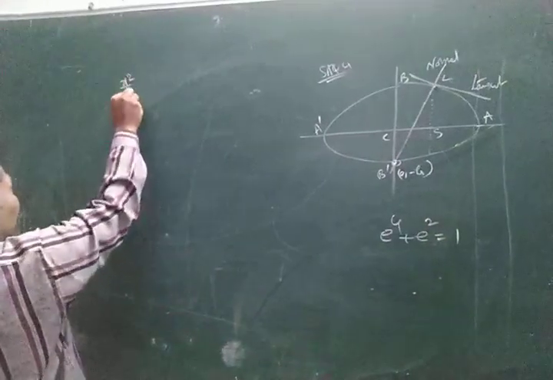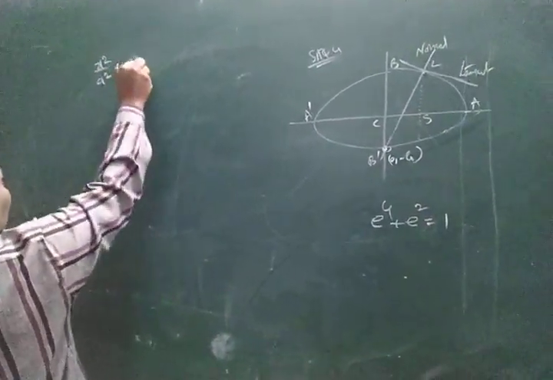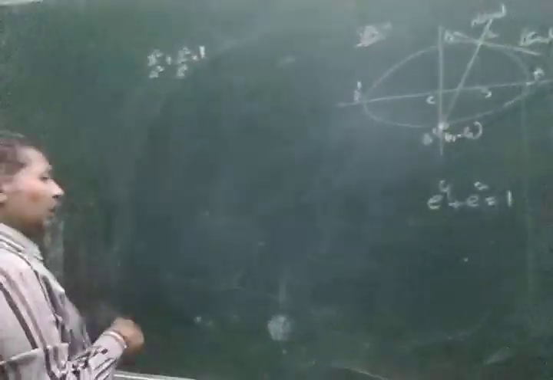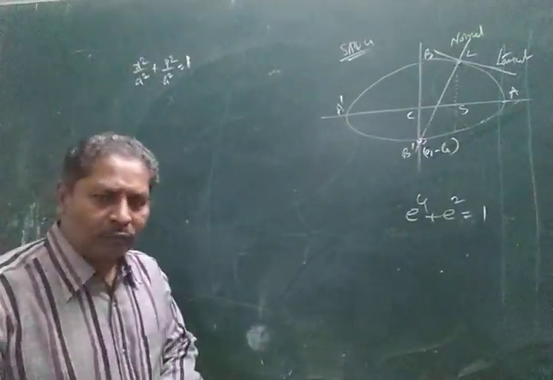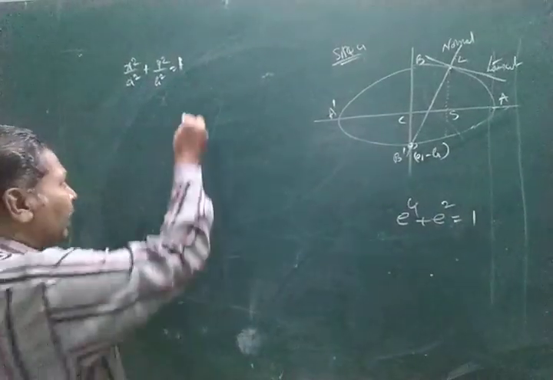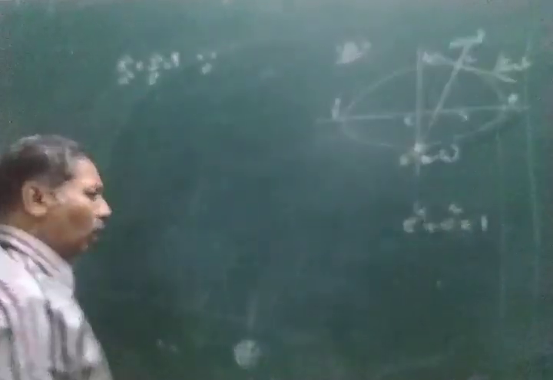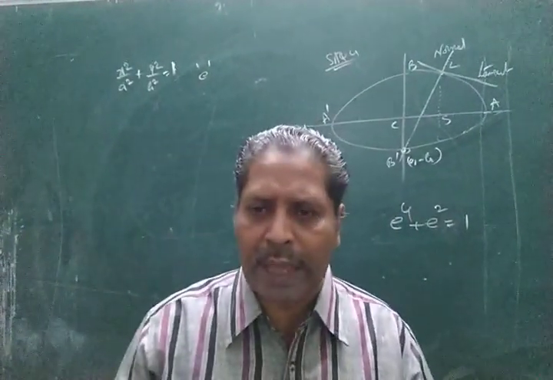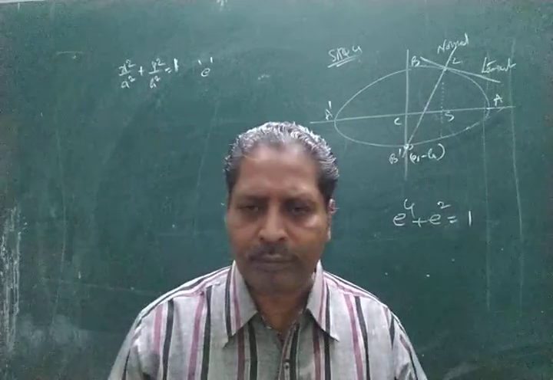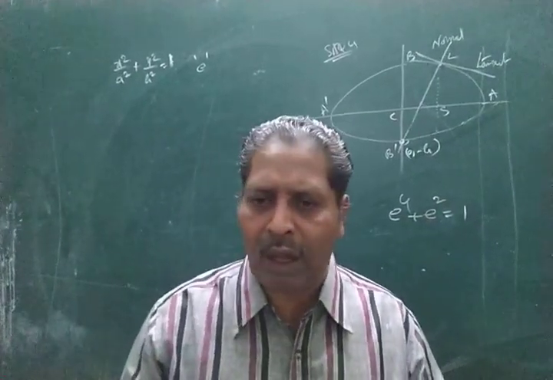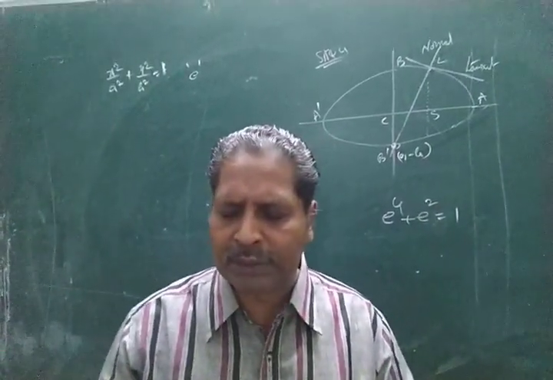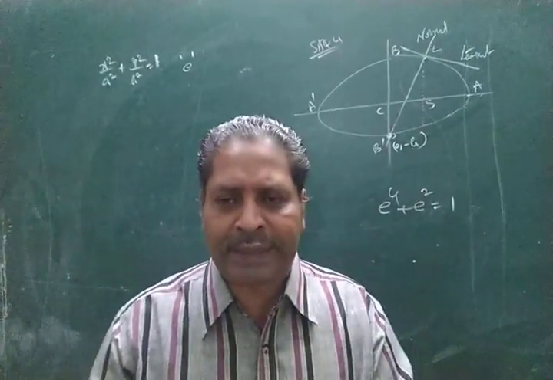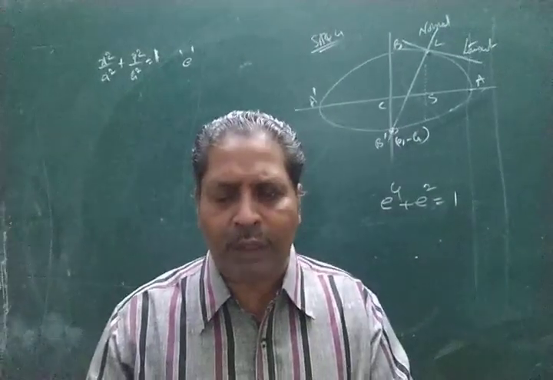The ellipse is x square by a square plus y square by b square equal to 1, and let e be the eccentricity of the ellipse.